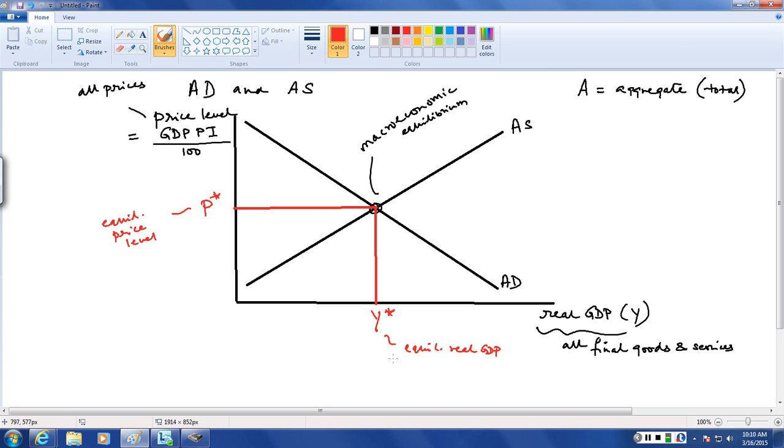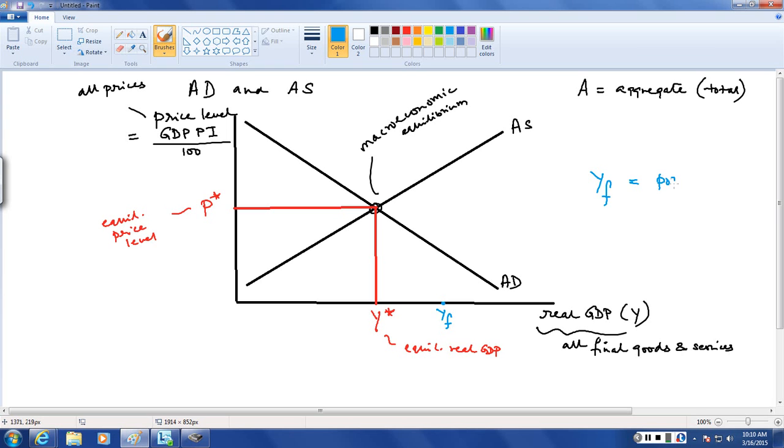Right? Now, how do we portray a recession in this story? Well, this is the way we do it, as we've learned in class before. I'm just, again, reminding you of stuff we did before break, just bringing you up to speed again. The way we can depict a recession here is by marking off on this horizontal axis potential GDP, Y sub F. So what is Y sub F again?